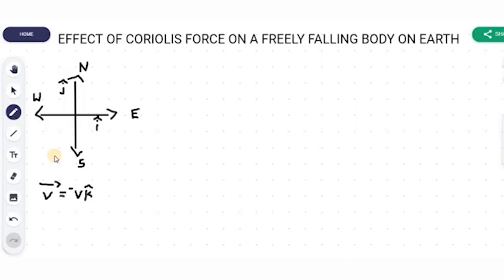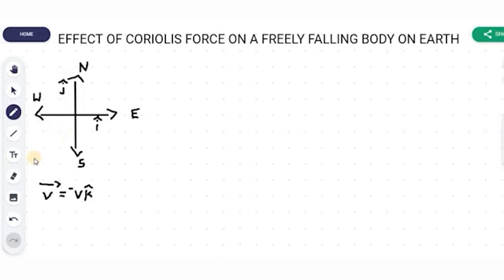So this is the problem. A body is falling freely in the downward direction along the z direction. If this is x, this is y, normally the perpendicular direction will be the z direction. And k is the unit vector along the vertically upward direction.